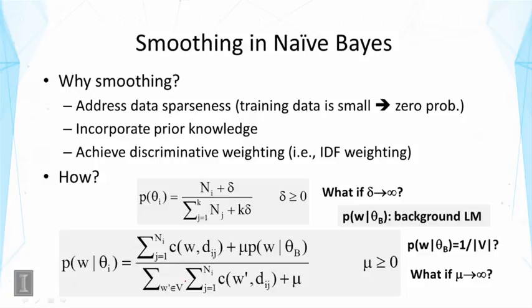The other special case is to think about the background model, and suppose we actually set it to a uniform distribution, let's say 1 over the size of the vocabulary. So each word has the same probability. Then this smoothing formula is going to be very similar to the one on the top when we add delta, because we're going to add a constant pseudo count to every word.